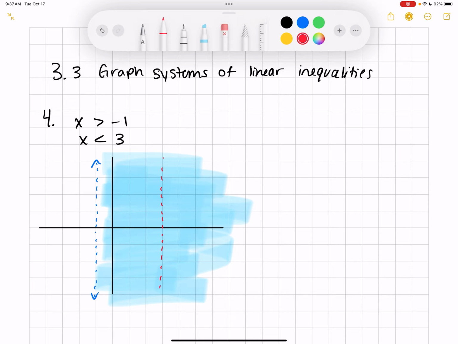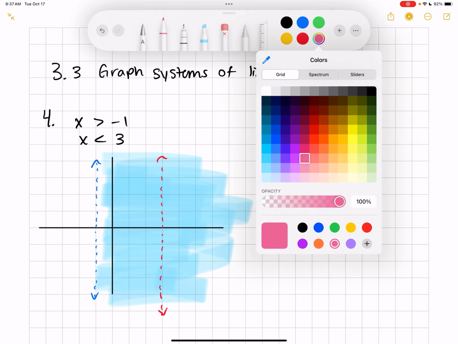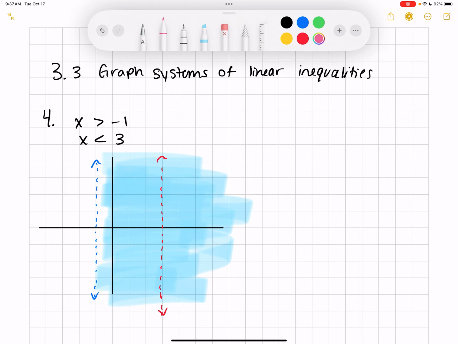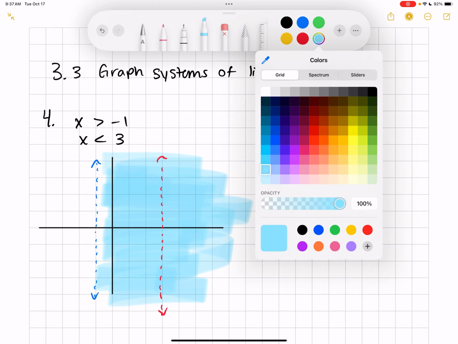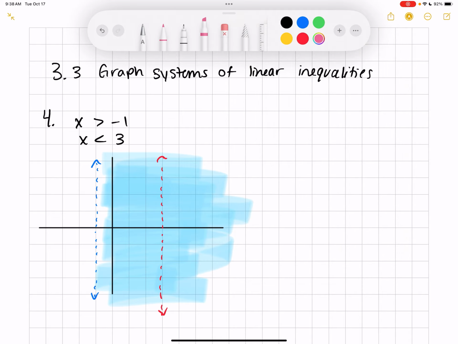And which side am I shading on this one? You say left. It's less than 3, so it's over here.